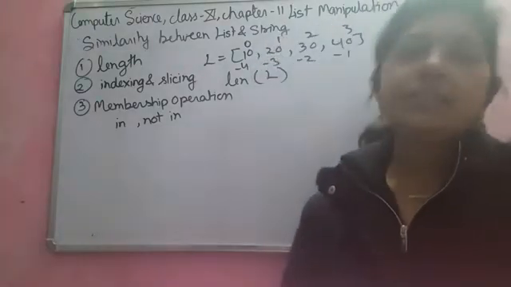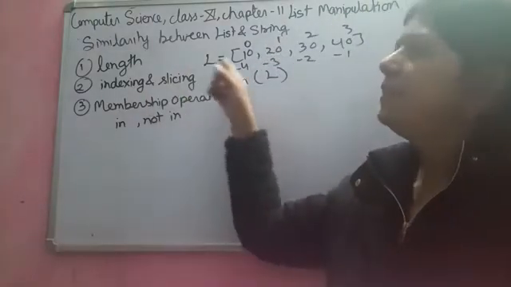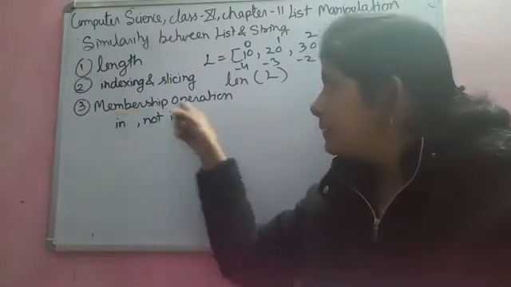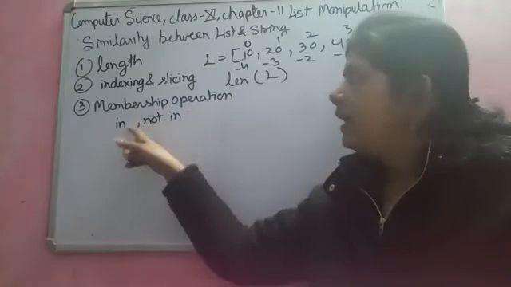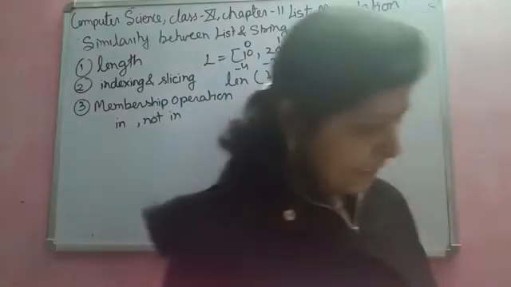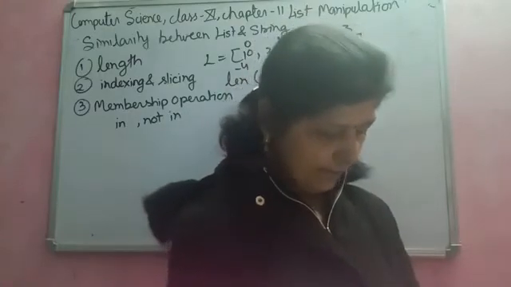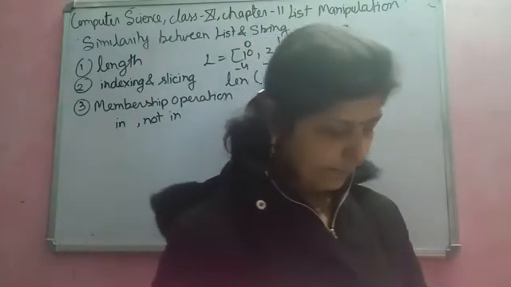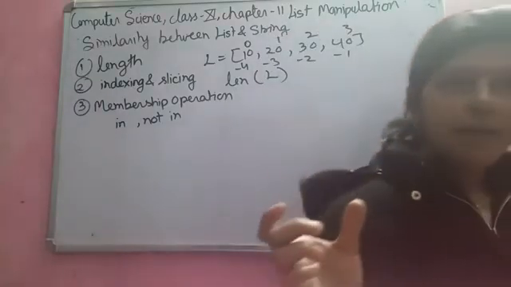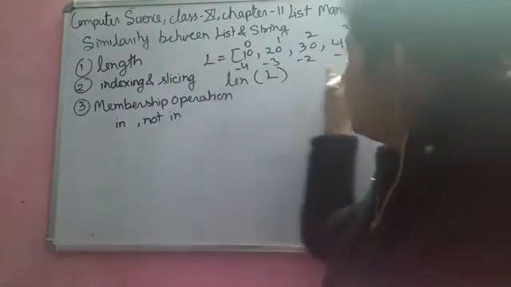Same thing, similar thing is with the list. In this membership operation, it takes an item which is present in the list or not. Means a particular item present, just like this is the list.